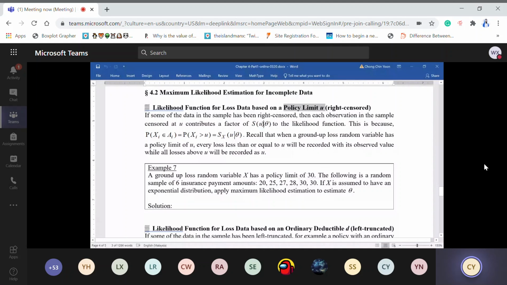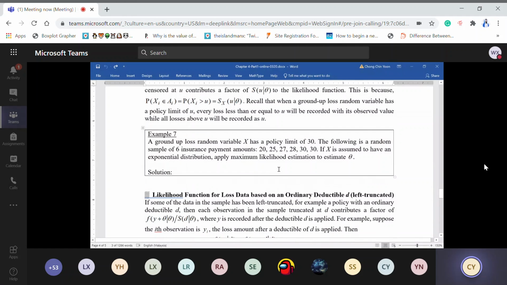Now compared to the maximum covered loss just now, you need to divide by the survival at the deductible. In fact, it's the same, class. When it's a policy limit, we just multiply by the factor of survival at u, without dividing by survival at D. Actually it's the same thing.